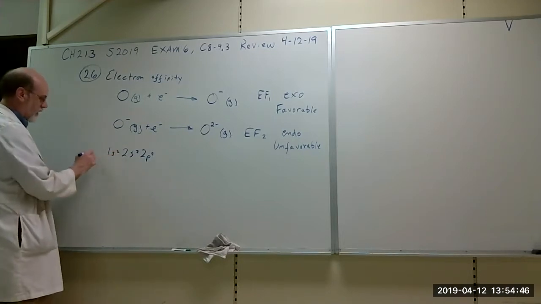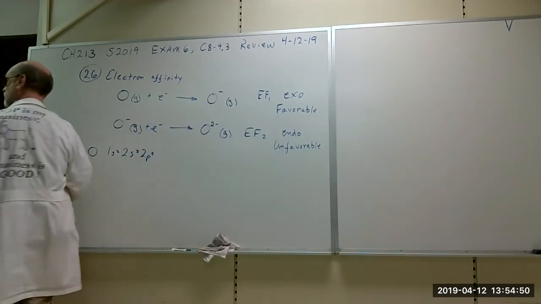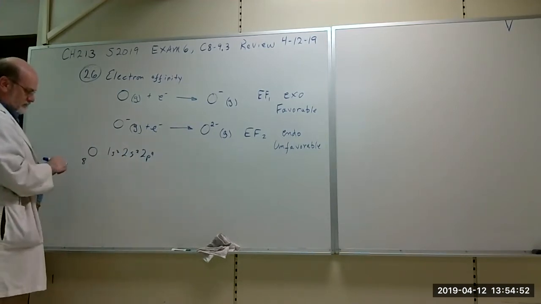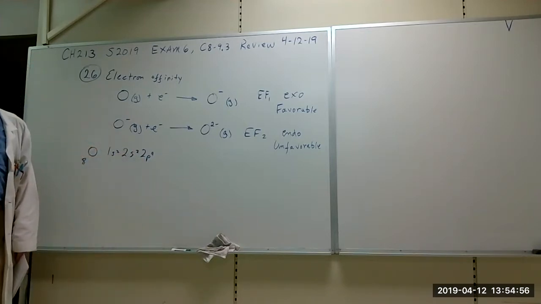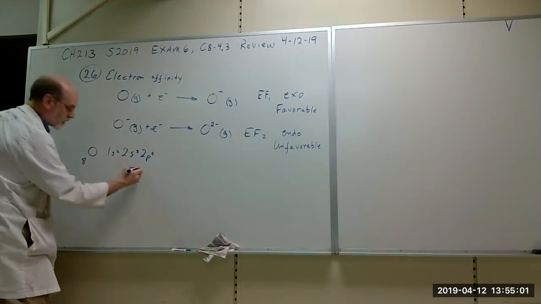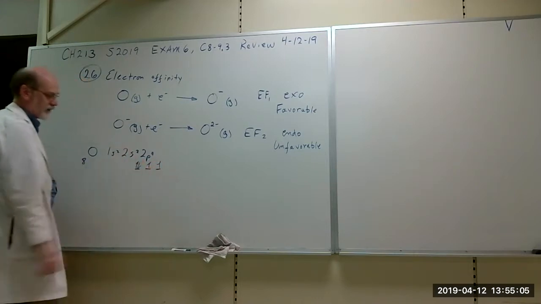We do the complete, and that is 2, 4, 8, so 8 total electrons. We know p orbitals can hold 6 electrons, and that's their preferred state.